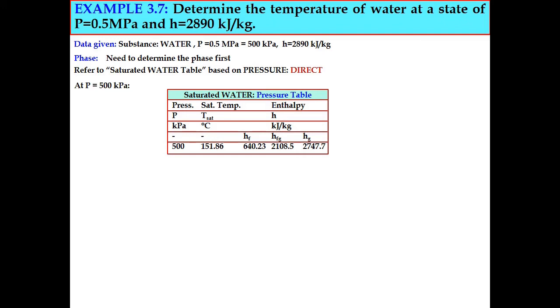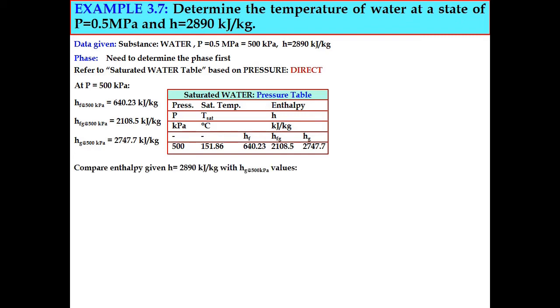At pressure equal to 500 kilopascal, the value of Hf equal to 640.23 kilojoule per kg, Hfg equal to 2108.5 kilojoule per kg, and Hg equal to 2747.7 kilojoule per kg.